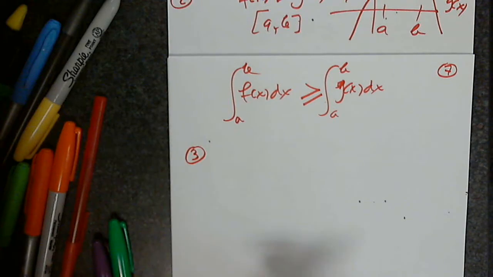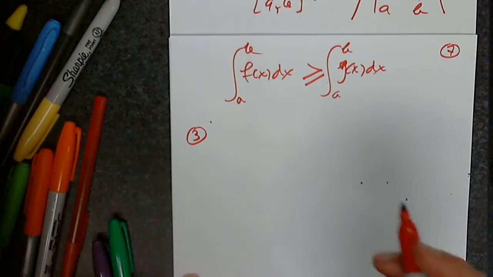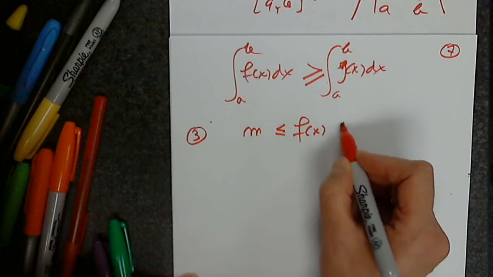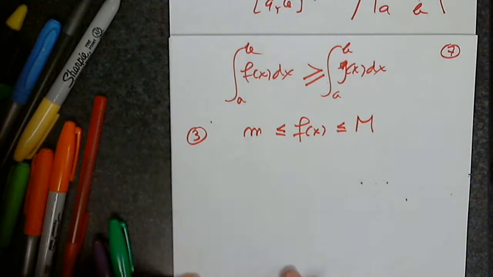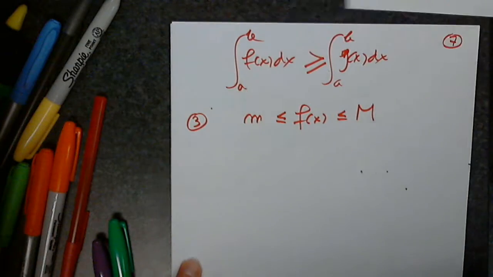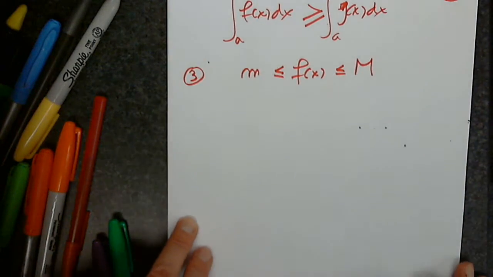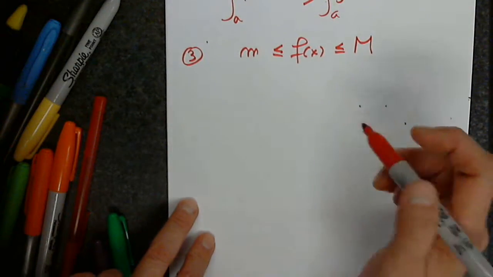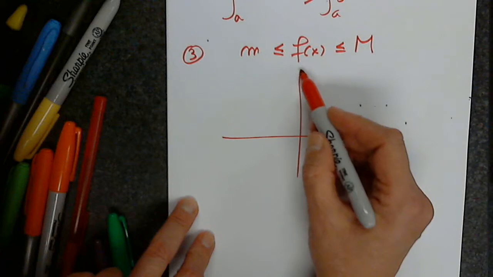And the third one, let's suppose I have this situation, where little m and capital M are positive numbers. Or just numbers. But this is the order, which means a scenario of this kind.